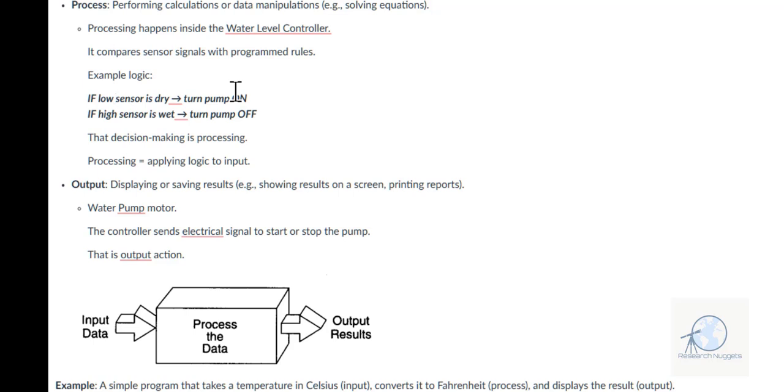If a high level was sent, it means that we have gone beyond the required threshold, then the pump is going to be turned off. This decision is undertaken in the processing stage, which is responsible for picking the inputs, doing certain computation, and then giving us a certain output.